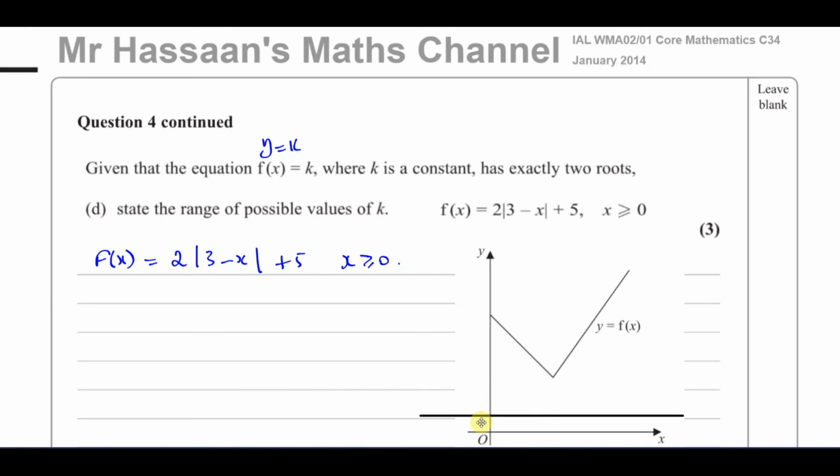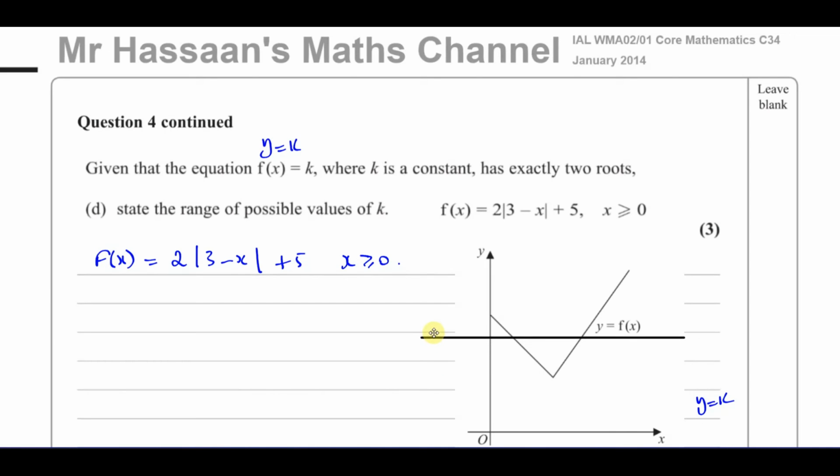The roots for f of x equals k are basically where y equals k and f of x intersect. Okay, the roots are the places where they intersect. So here there's no roots. When we're below the vertex, there's no roots. And at the vertex, you could say there's one repeated root. But above the vertex, there's two roots, two distinct places where they intersect.